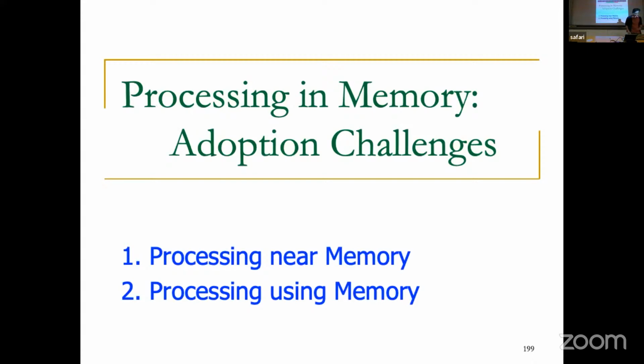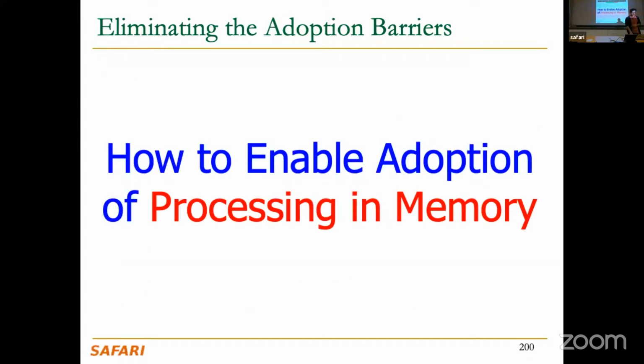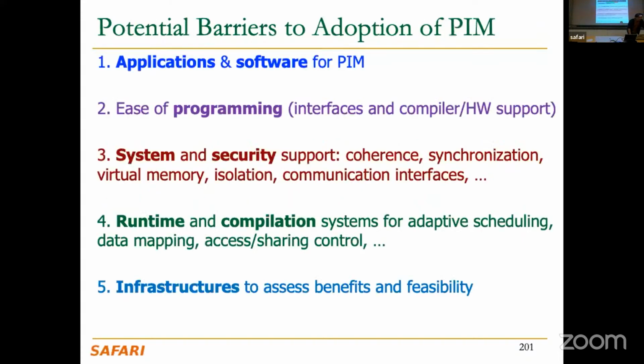We are over time, but I'm going to finish in 5 minutes. There are these two key trends, processing near memory and processing using memory. It's still necessary to do some additional work to enable the adoption of processing in memory. And that spans applications, software and hardware for PIM, programmability, right?